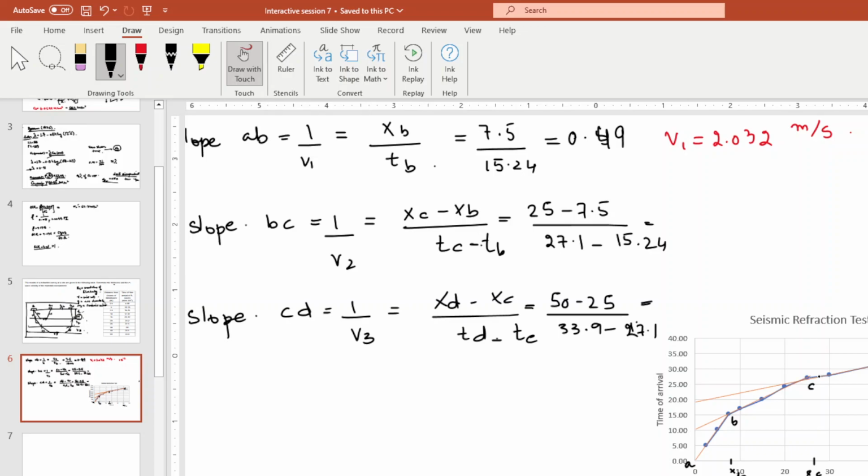These are in the straight line. If you can see here, can you see my screen?